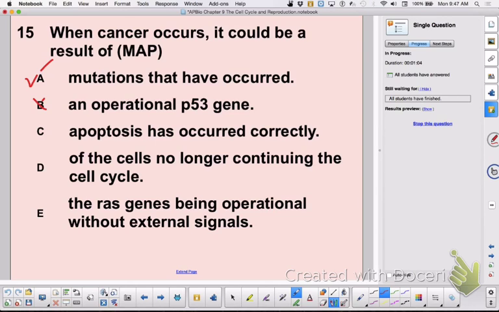No. Why not? If it's working, you wouldn't have cancer. Apoptosis that has occurred correctly? No, you wouldn't have cancer. Result of the cells no longer continuing the cell cycle? No. They are continuing the cell cycle indefinitely, right? The RAS genes being operational without external signals? Yes.